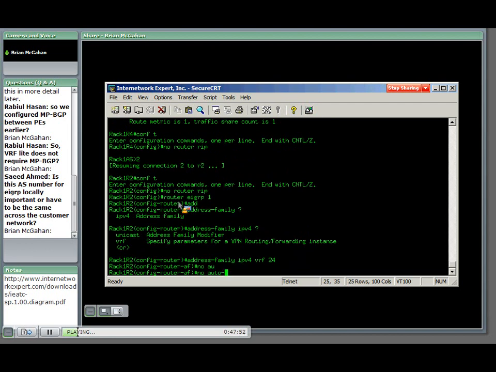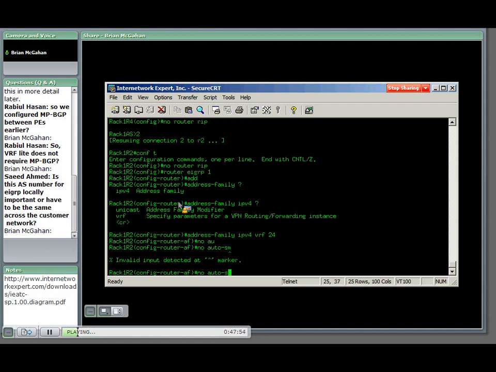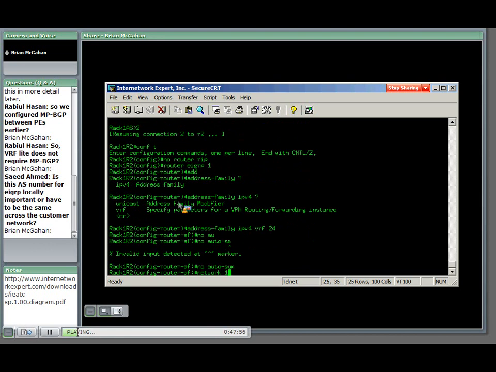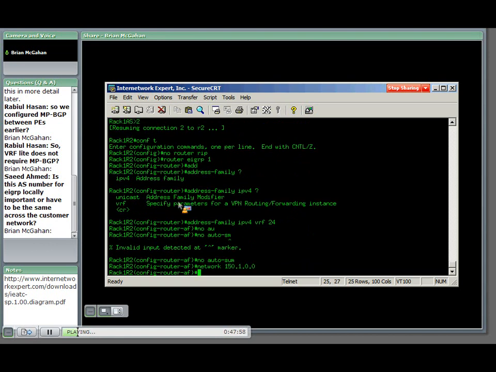We'll say no auto-summary. The network is 150.1.0.0. As we should be familiar with inside EIGRP, if we wanted to, we could use the wildcard mask to choose the specific interfaces that we want to run EIGRP on.